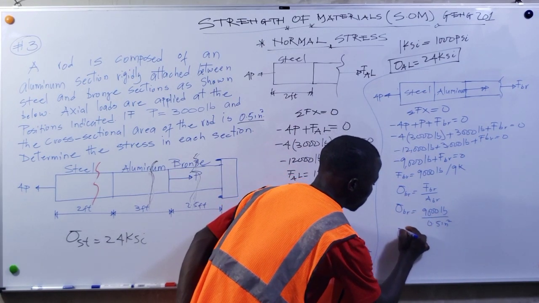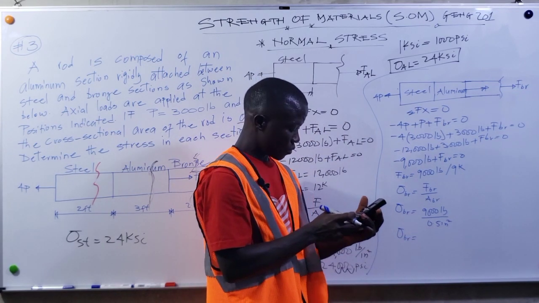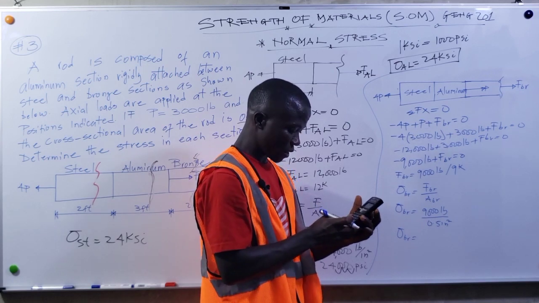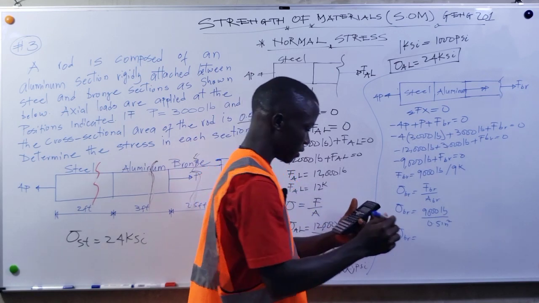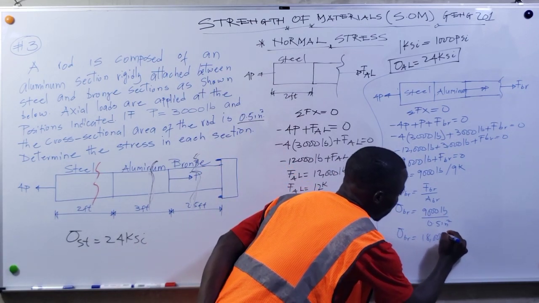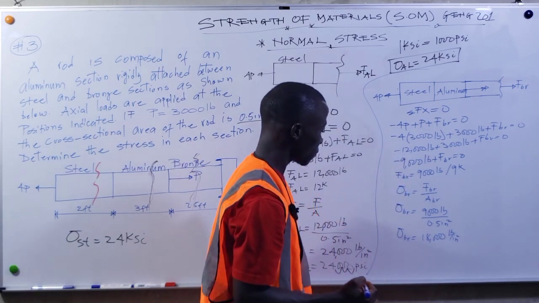So that we get stress within the brooms to be 9,000 divided by 0.5 is equal to 18,000 pounds per inch square.